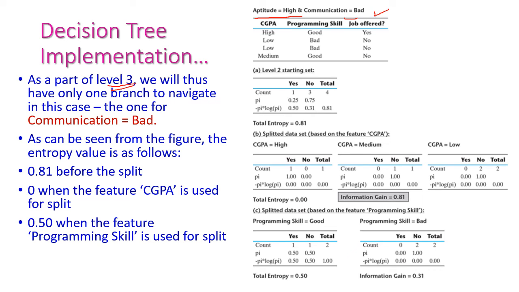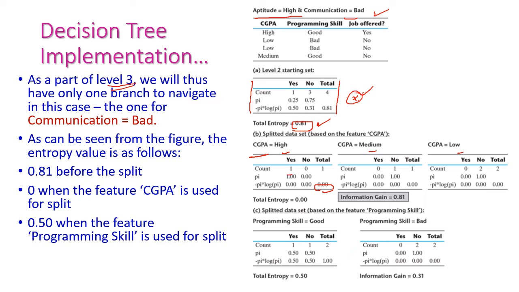So this is the table for communication equal to bad, which is taken from the second level. Here the entropy of communication equal to bad is 0.81. We will start from here. Likewise, we need to compute for CGPA, which is high, medium and low. So this is the entropy value for CGPA high.